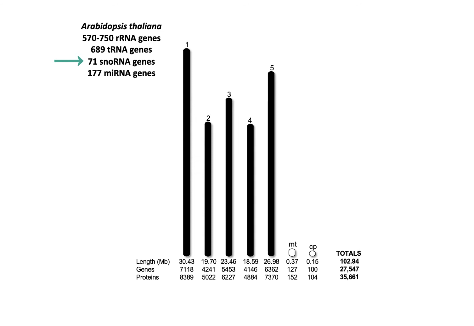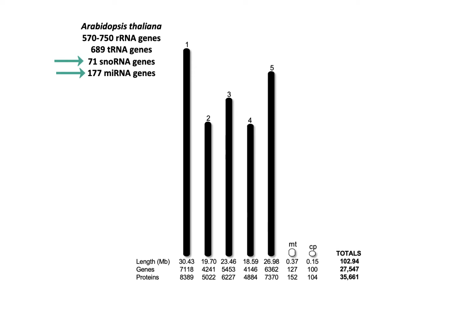at least 70 SNO RNA genes, that is small nucleolar organizer RNA genes, and then 177 microRNA genes. And these then control both the processing of ribosomal RNA genes, for SNO RNAs, and control mRNA expression in the case of microRNAs.